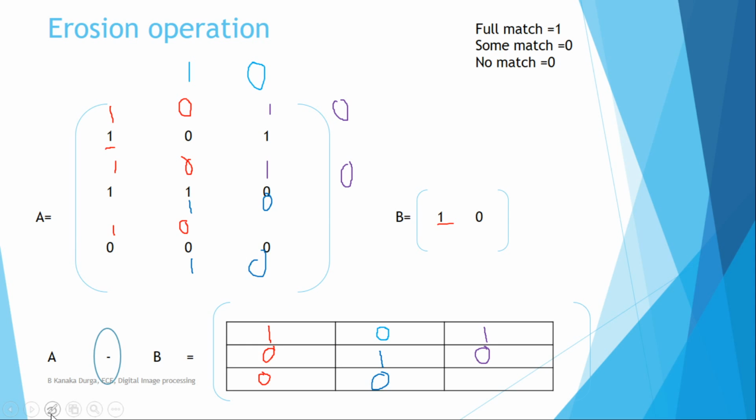And the last case, 1 0 does not match, so the resultant goes to 0. So the erosion of the matrix we got is 1 0, 1 0, 1 0, and the last row is all 0, nothing but 0 0 0.